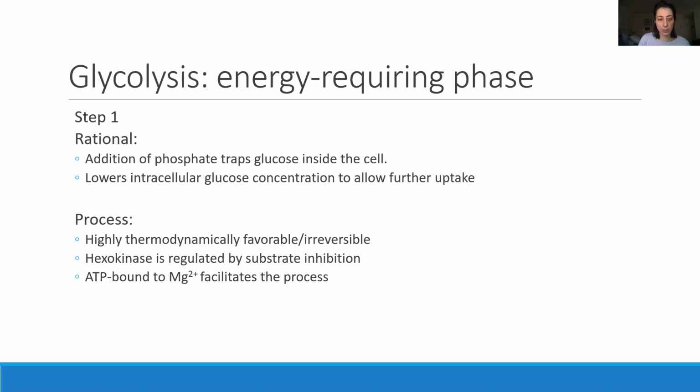What is the reason for this step? Why are we phosphorylating glucose in the first place? The rationale of the very first step of glycolysis is actually to move glucose. The addition of a phosphate traps glucose inside the cell. It gives glucose a charge.